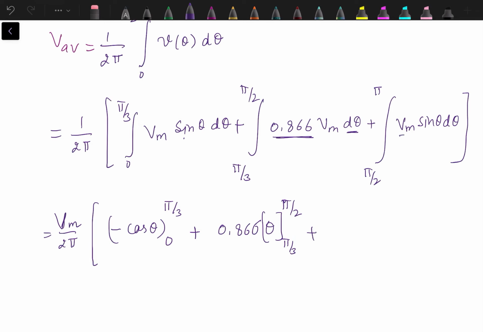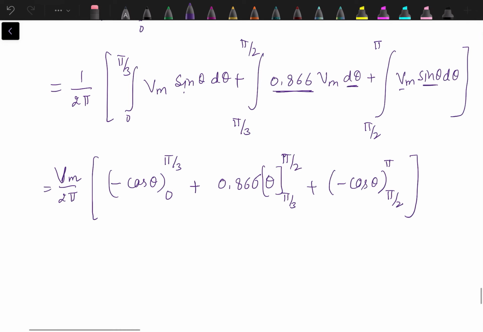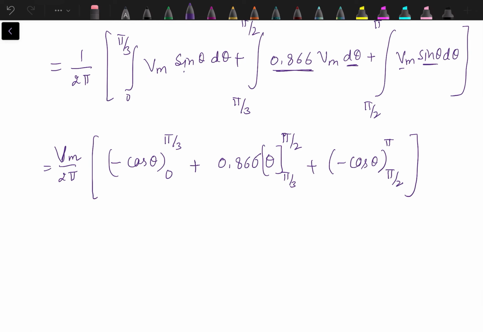Then Vm is outside, integration of sine is again minus cos theta, theta varying from pi by 2 to pi. Now when we substitute all these limits and solve this, we will get the value of average voltage as 0.311 Vm. This is the average value.